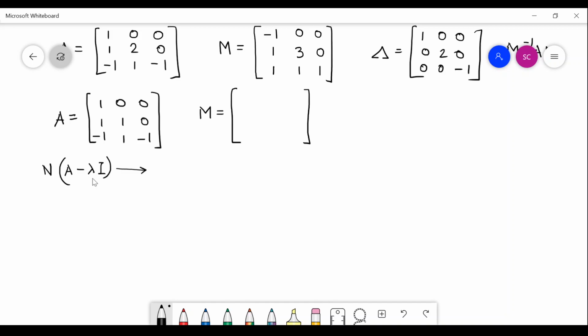So you will land up with two basis vectors which are the same. So you will land up with v1, again a v1, and then a v minus 1.